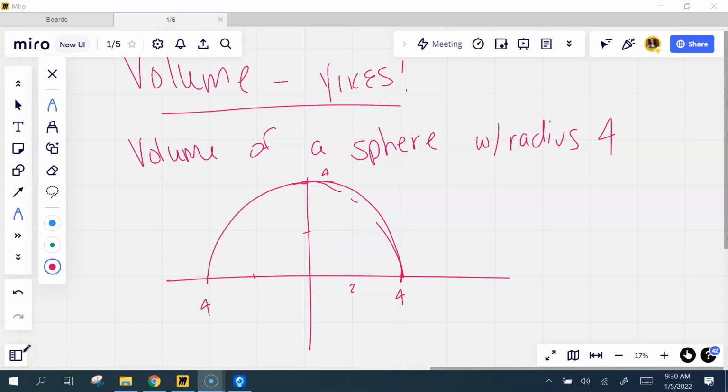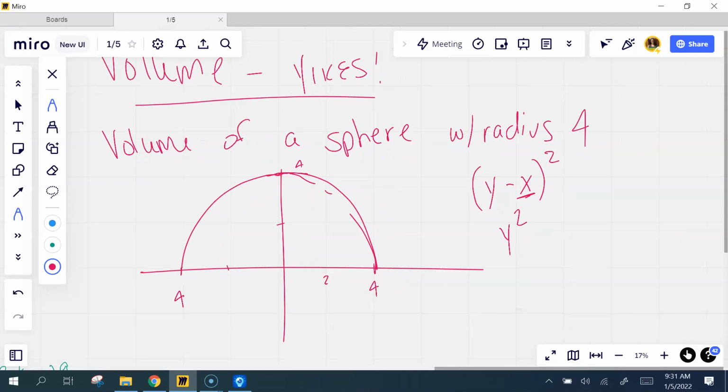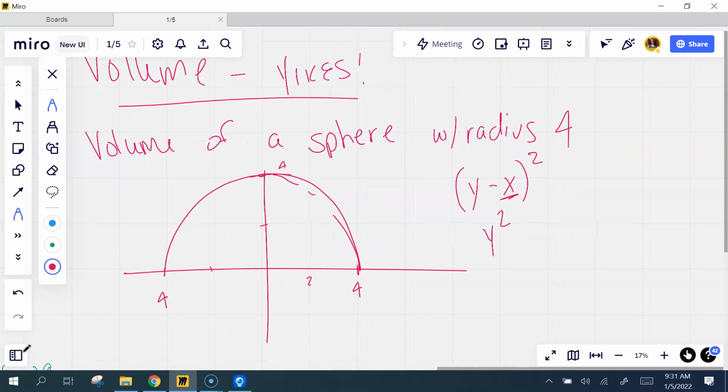My center's at 0, so that makes it easy, right? H and K, okay, so Y, but because this is my center, it's just Y squared because my center's at 0, 0. Sorry.